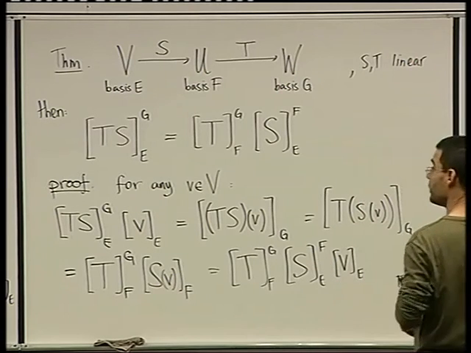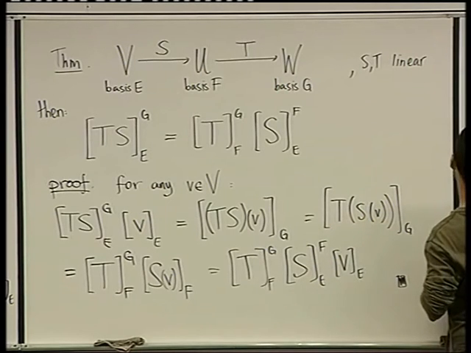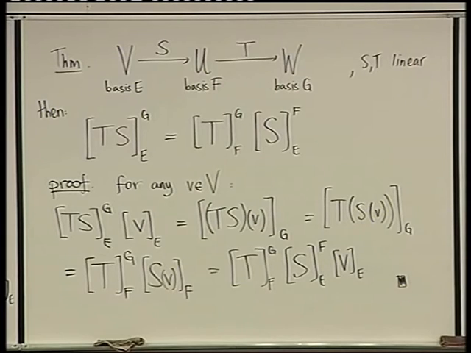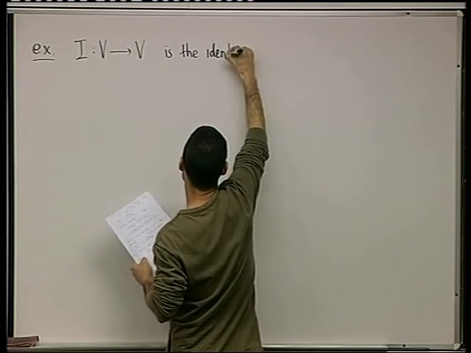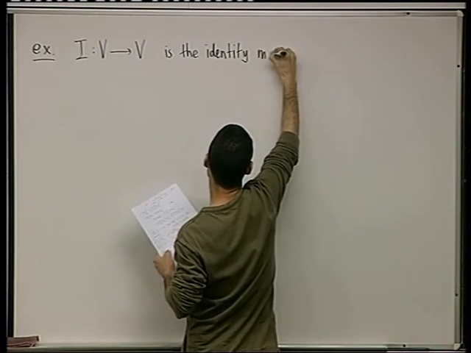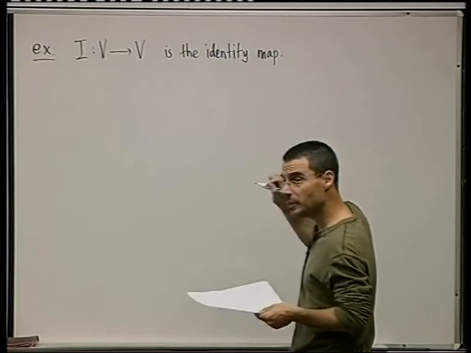Here's a little exercise. See if you can do this exercise. We have the identity matrix, right? What transformation is the identity matrix going to be a matrix representation of? The identity transformation, obviously. Then show it. Show that I from V to V is the identity map, that sends every little v to itself.